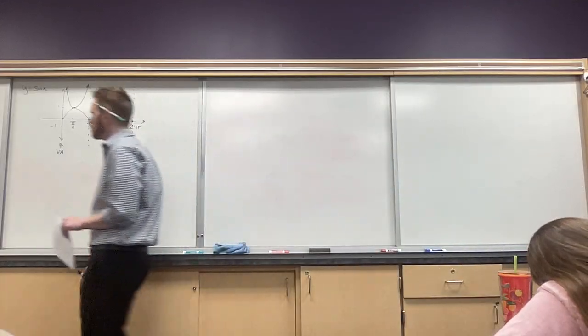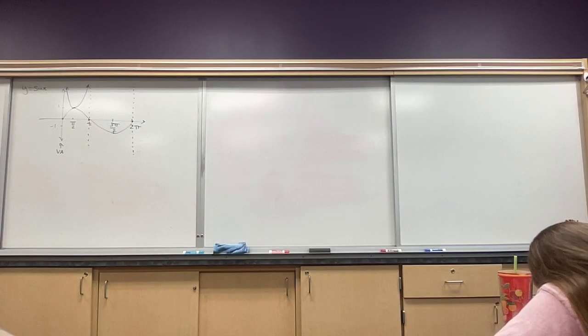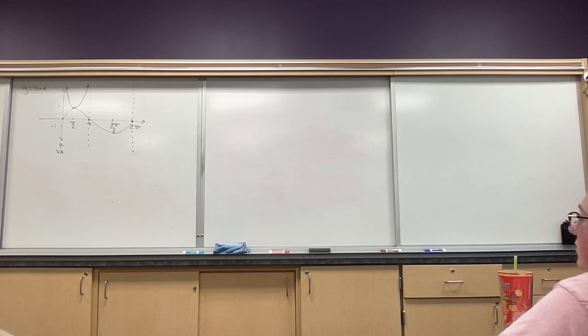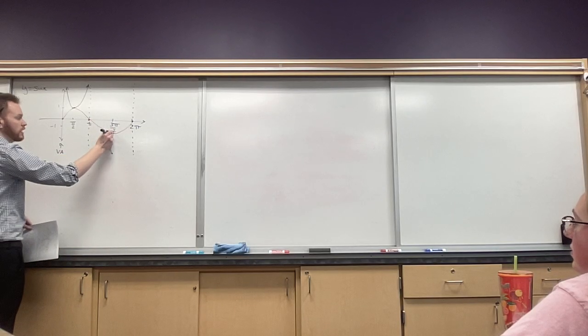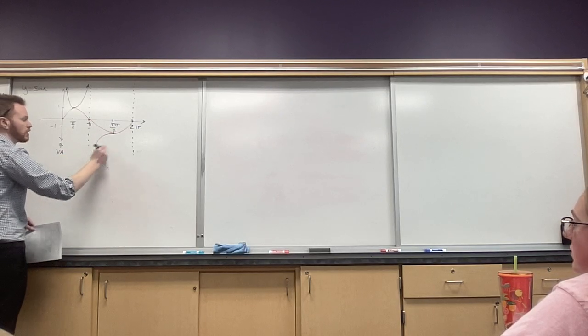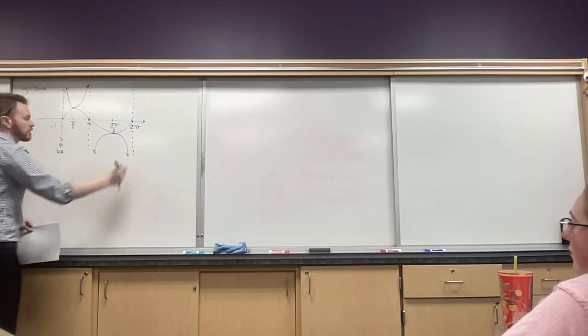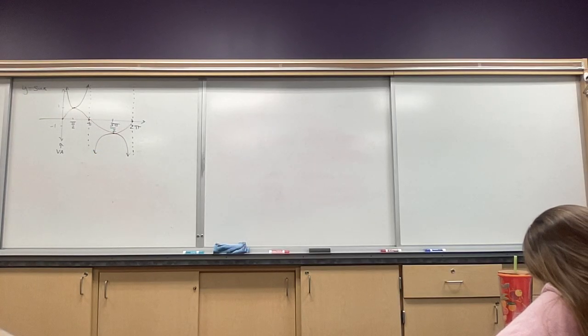So let's look at a couple things here. The maximum for sine is going to be the minimum for cosecant, okay? And the same thing's going to happen when we talk about the minimum, okay? So right here, it's going to follow the same pattern, just with negative values.